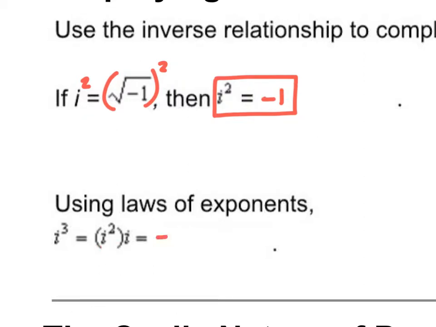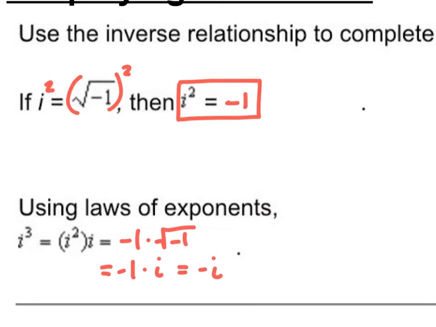So this is -1, and then we multiply that by the square root of -1. We already know that the square root of -1 is the number i. So this is really just -1 times i, and -1 times i just gives me -i.